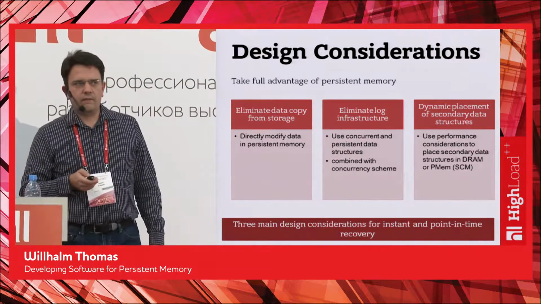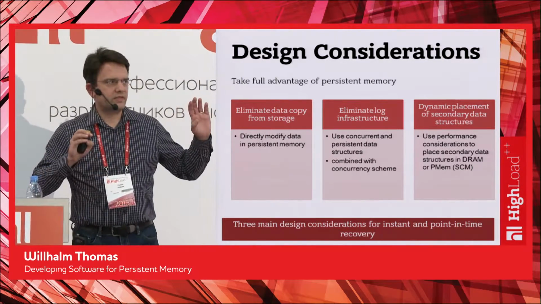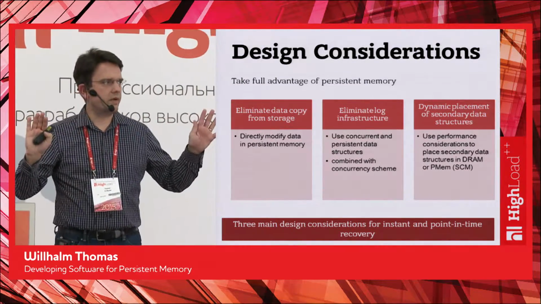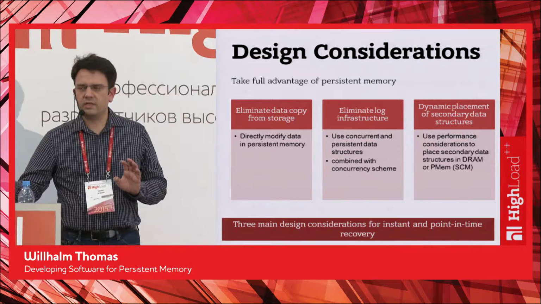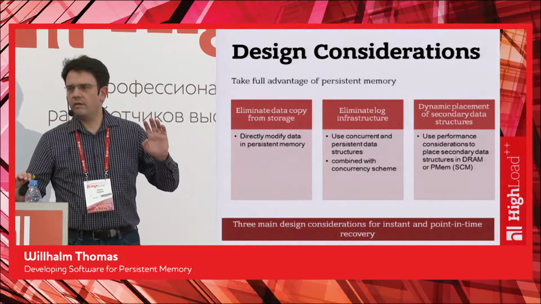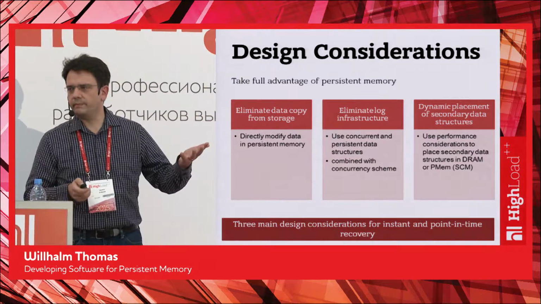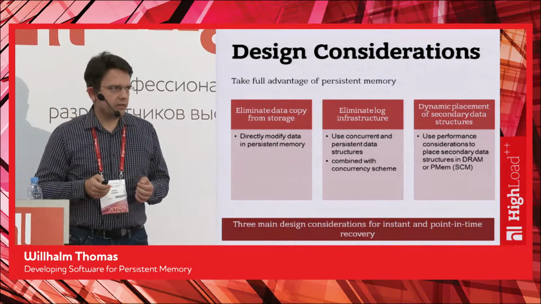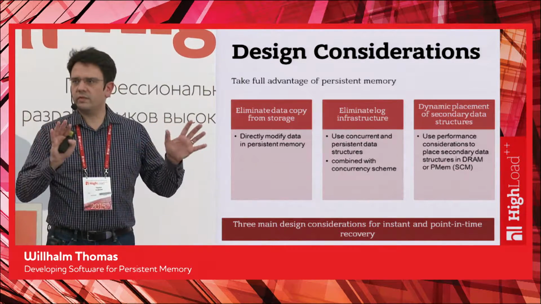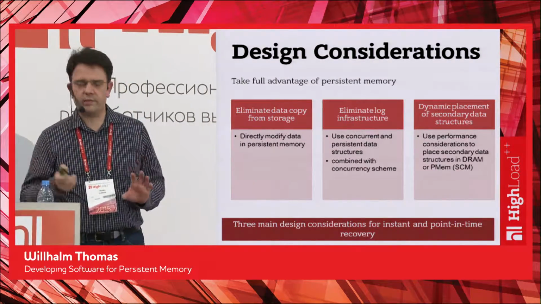And we use this model of separating persistent memory and DRAM, so that some of the data structures might be in persistent memory and some others might be in conventional DRAM, and depending on the requirements, move the data structures between these two different memory domains.